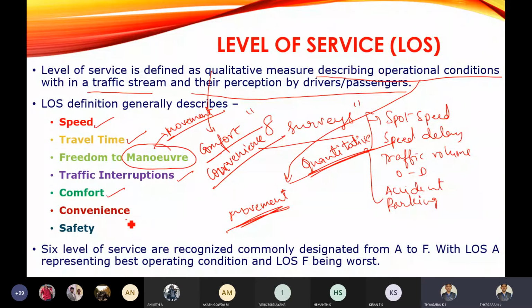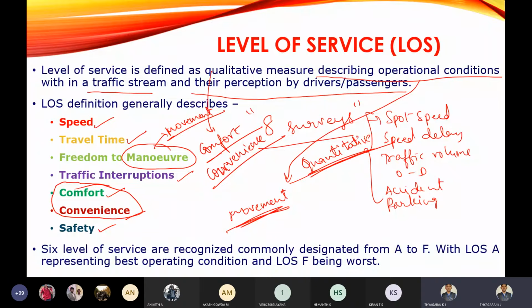Then comfort and convenience. These two are very important. The entire level of service you are going to assess is based on this comfort and convenience. And safety. The main agenda for the traffic engineer is to provide safety.